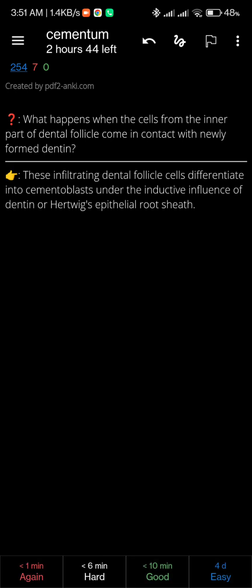These infiltrating dental follicle cells differentiate into cementoblasts under the inductive influence of dentin or Hertwig's epithelial root sheath.